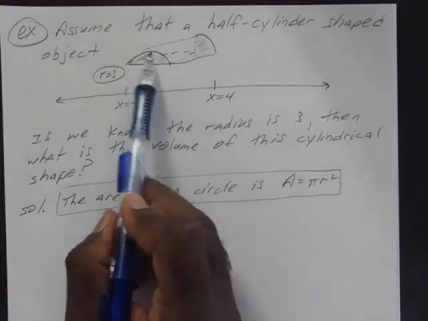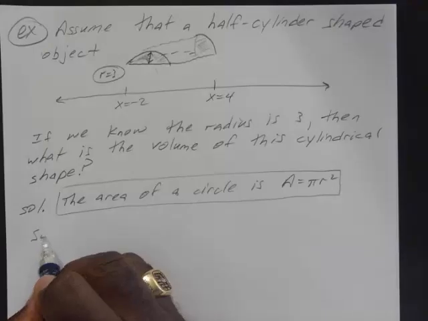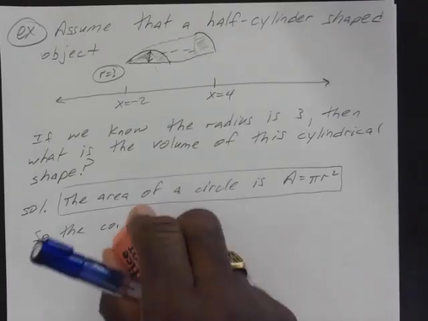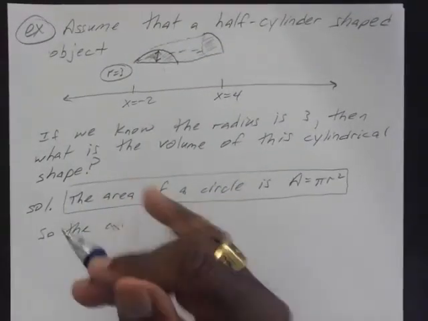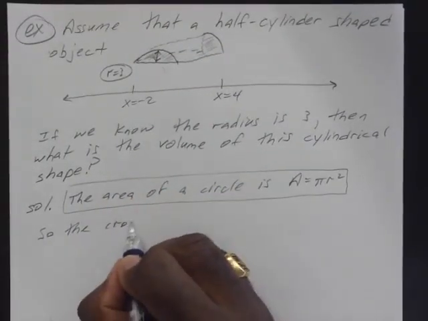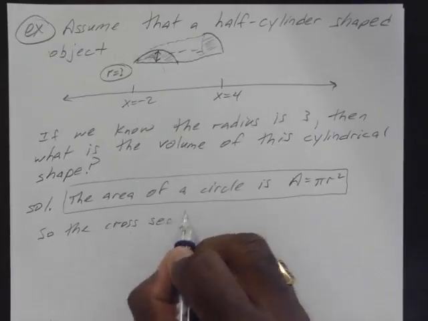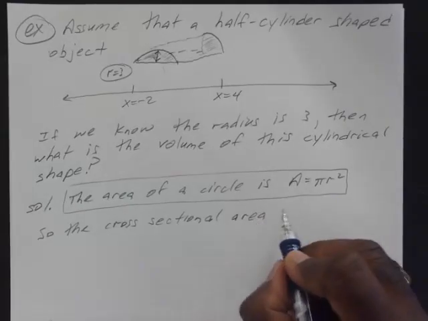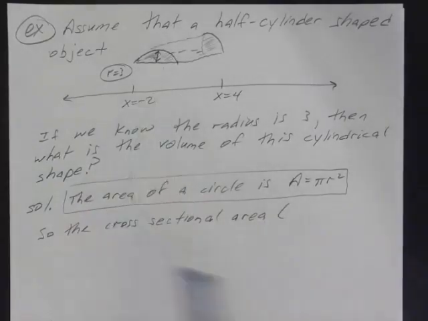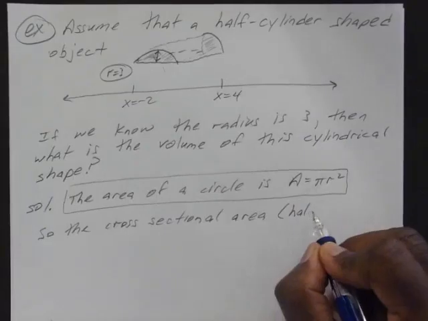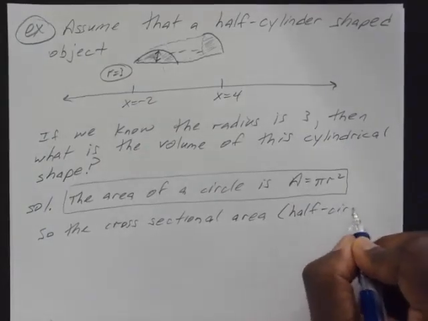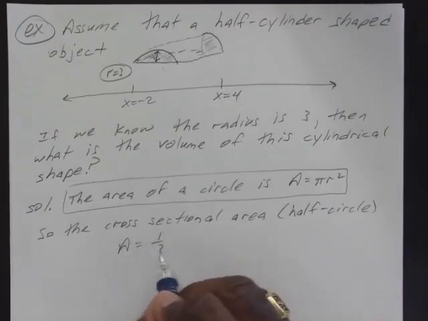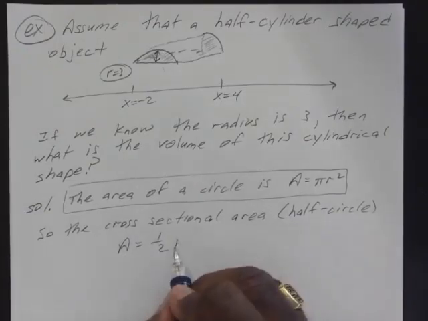So that means the cross-sectional area, which is half a circle, that's 1/2 of pi radius squared.